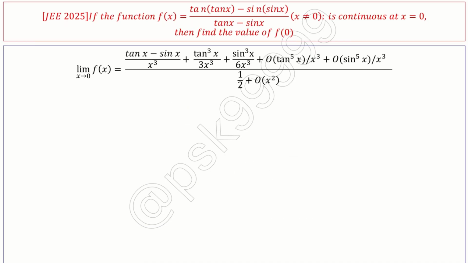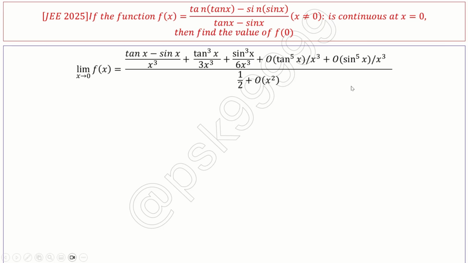Limit x tends to 0, tan x minus sin x by x cube plus tan cube x by 3x cube plus sin cube x by 6x cube plus some function which will anyway become 0 because there is a multiplication of x or tan x or sin x, which will become 0. So I'm not interested in this one. Divided by 1 by 2, because x cube has gone here. So 1 by 2 plus some order of x square, which will become 0 anyway.